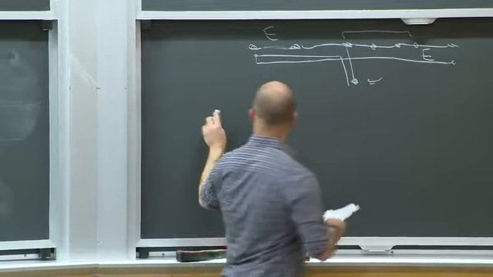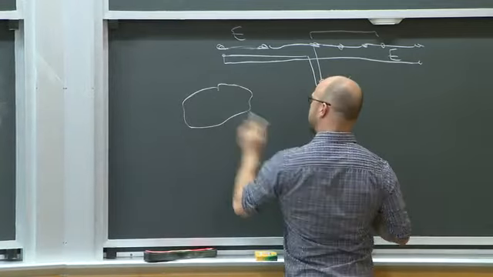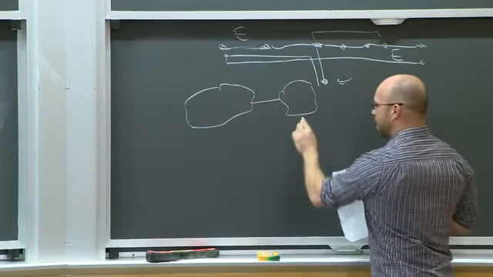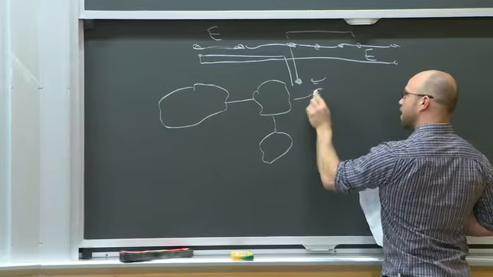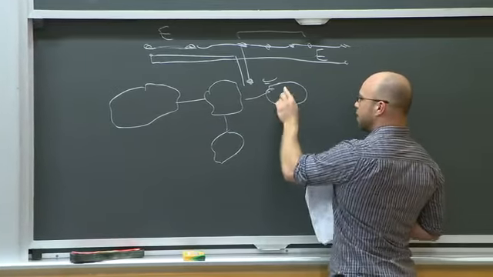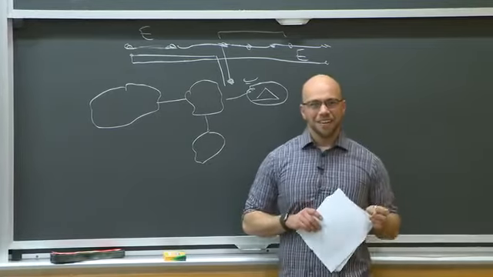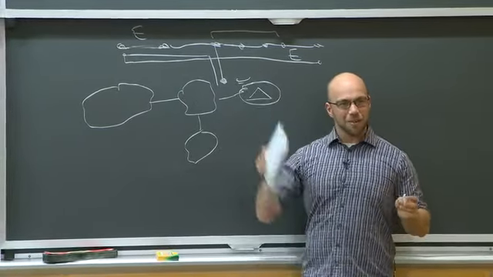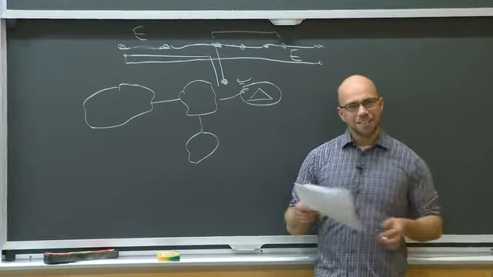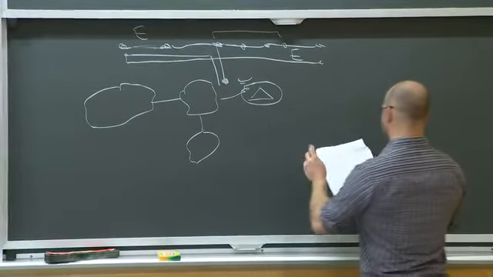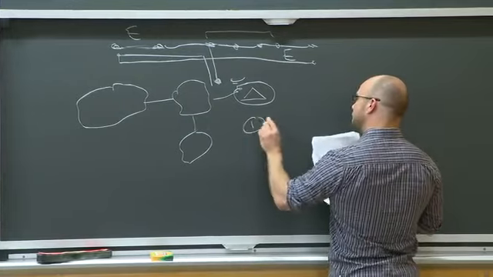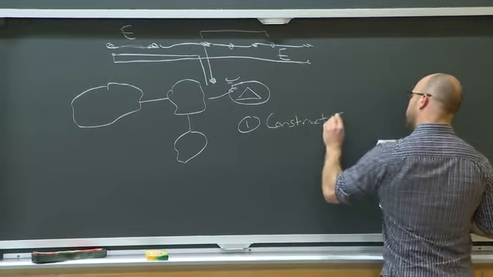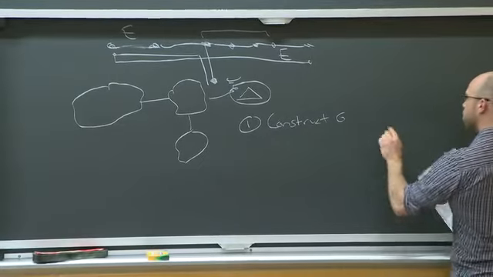So if I think of my graph, maybe there's a bunch of vertices over here, and then there's an enchanted door, and there's a bunch of vertices over here, and then 2 more enchanted doors like that. What goes on in here, like if this is a giant triangle or something, is actually irrelevant, because once I touch any one of these, I can now touch all the rest of them. So that suggests an algorithm. Our first step is to construct a graph G where the nodes are the rooms.